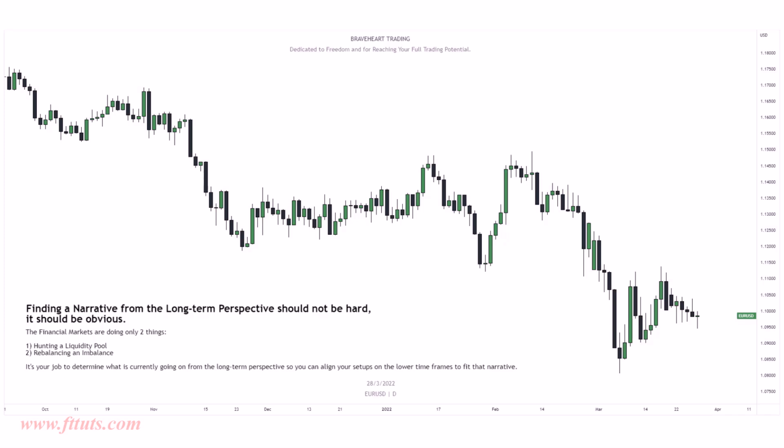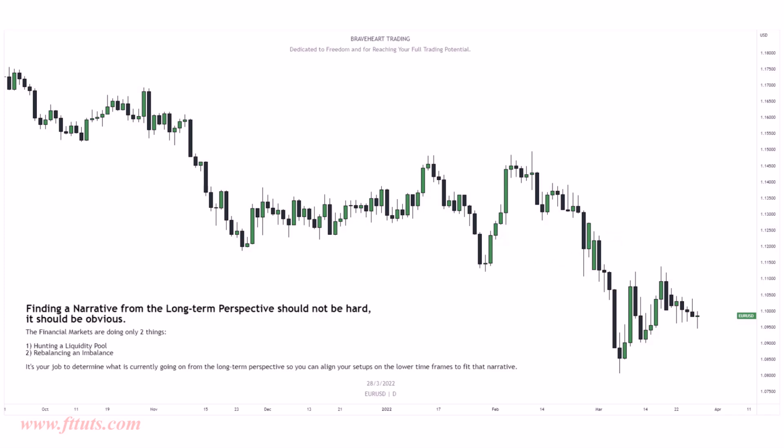So once again, finding a narrative should not be hard, it should be obvious. And you'll see that there'll either be an imbalance nearby, or a liquidity pool nearby that just jumps right at you. And this becomes a lot easier when you remove all the indicators from your chart, or anything covering the details of candlesticks such as moving averages.